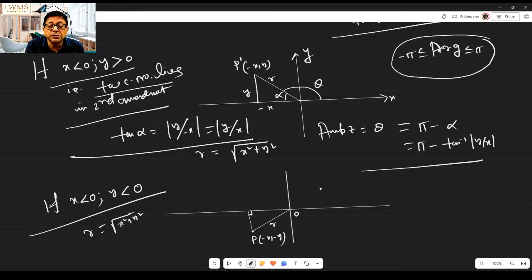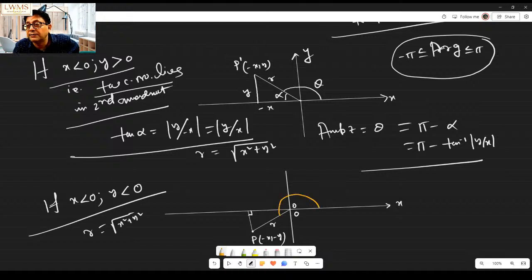But amplitude, if you want to say, it will be with the positive direction of the x-axis. If you say that, so amplitude is clearly this one, then I don't agree. Because this angle is more than pi, so we must not take this one as amplitude.